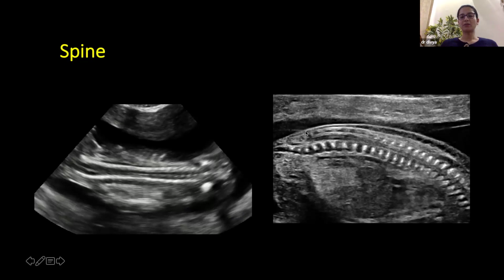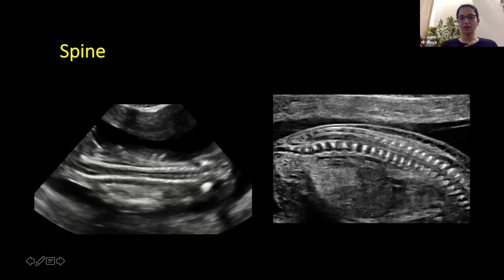Sometimes in the first trimester, what happens is that we can see the ossification center of the sacral vertebrae, that is the sacral body, but we can't see those of the posterior arch elements. So as long as you see the ossification of the vertebral bodies, it's all right, and one should not end up making a call of sacral agenesis just because the posterior arch elements have not got ossified, because they sometimes ossify later in the second trimester.